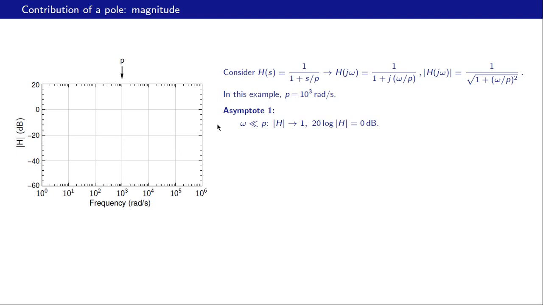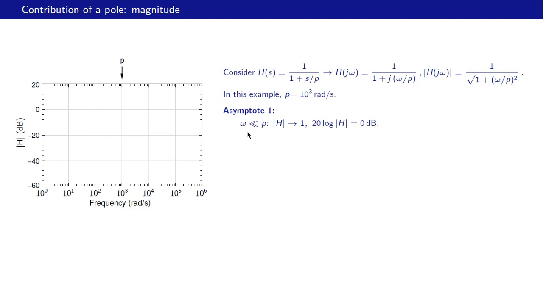Let us begin with asymptote 1. That corresponds to omega much smaller than p, and when that happens, this term becomes negligibly small and mod h approaches 1. And in terms of dB, of course, it is 0 dB because 20 log of 1 is 0.